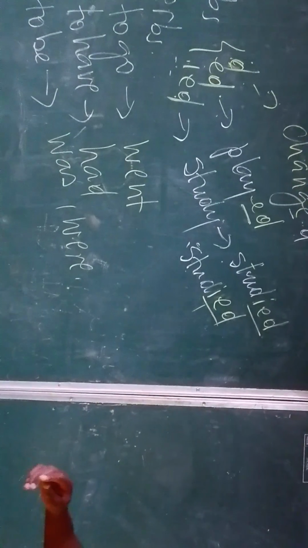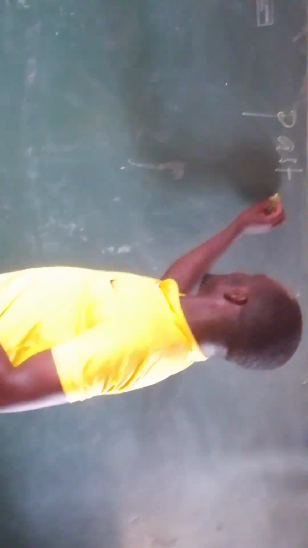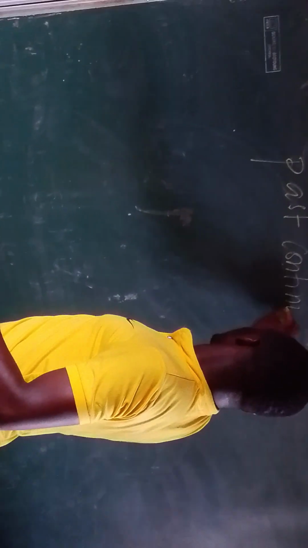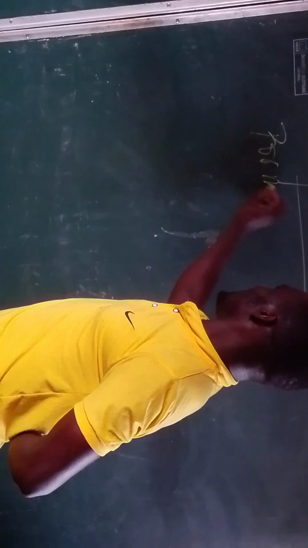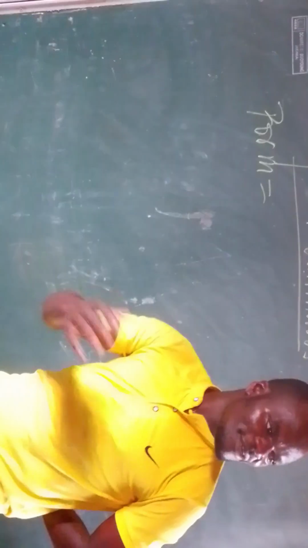So we are going to see also what we call past continuous tense. Of course, we have a form to follow when we are forming the past continuous.